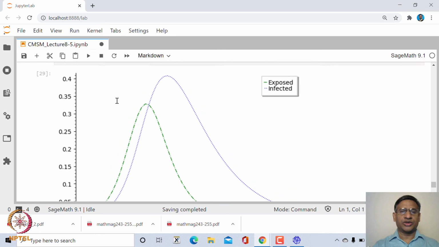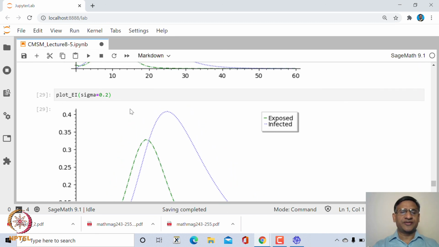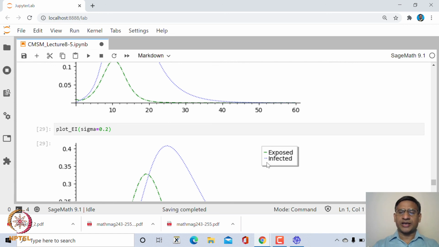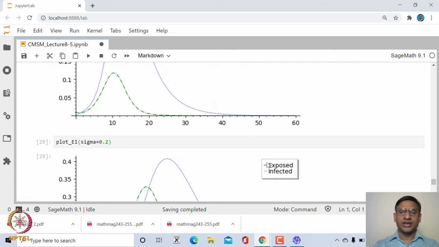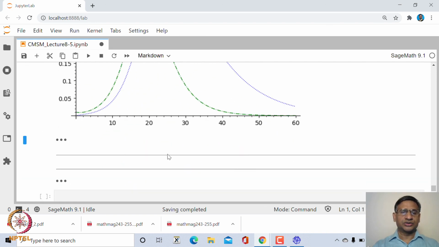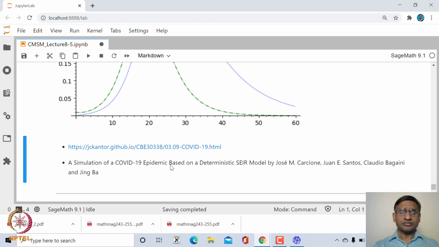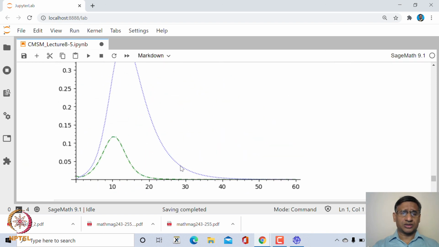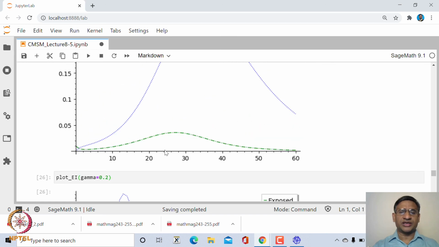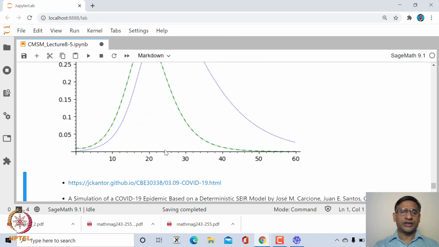So, you can explore the effect of these parameters on each of these 4 variables: exposed, infected, recovered, and susceptible, right. You can do this experiment, try to see these effects and analyze accordingly, right.